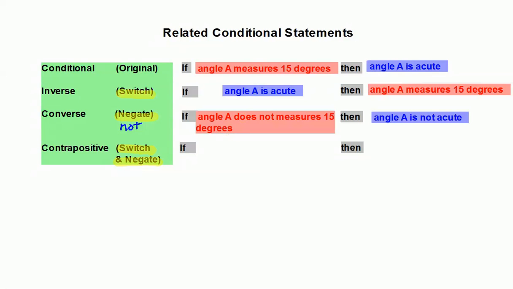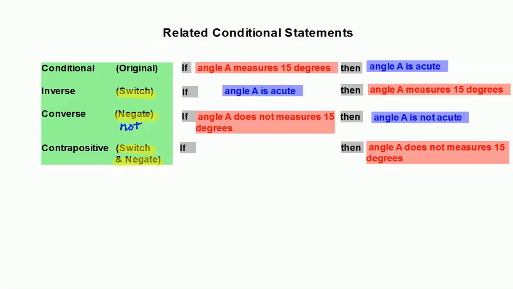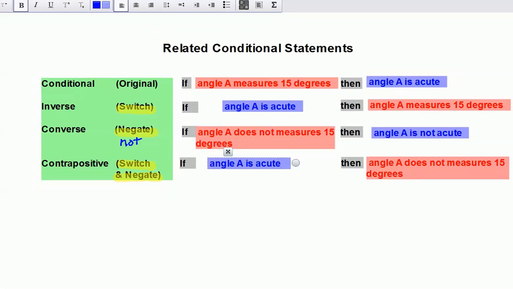So I'm going to take this one, angle A measures 15 degrees. Now I'm going to put it on the back, and I'm going to put the word doesn't. So angle A does not measure 15 degrees. And I'm going to take my angle A is acute, put it now in the front, and change that to angle A is not acute.